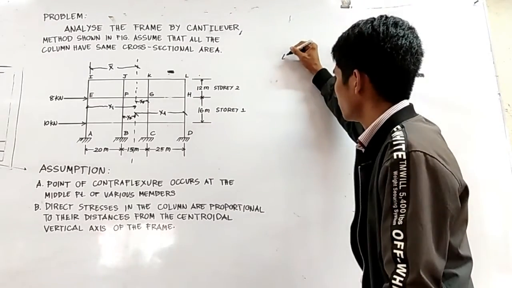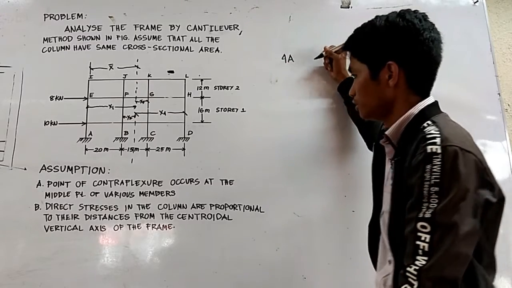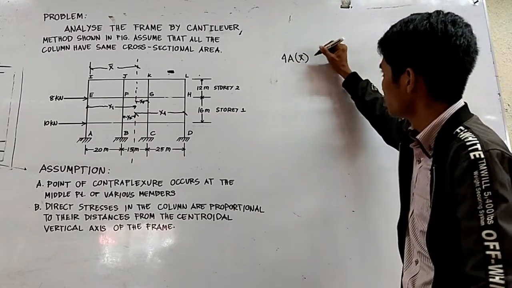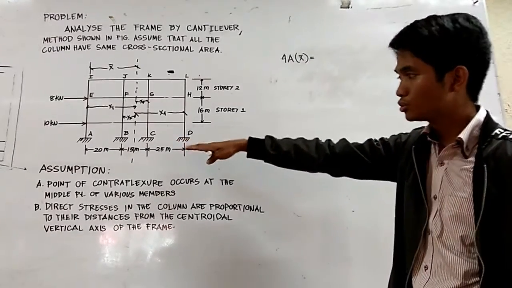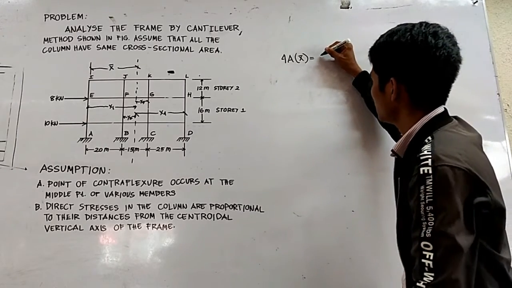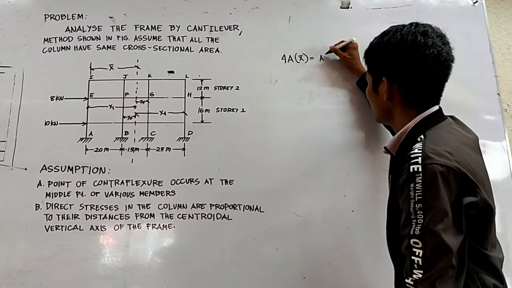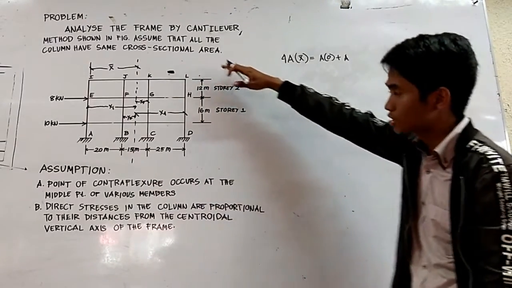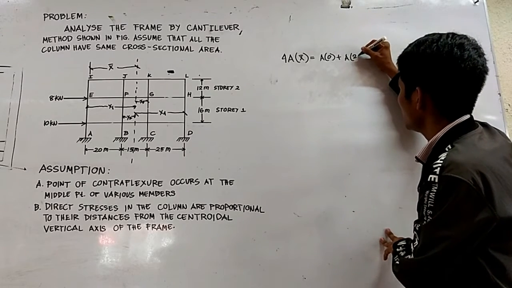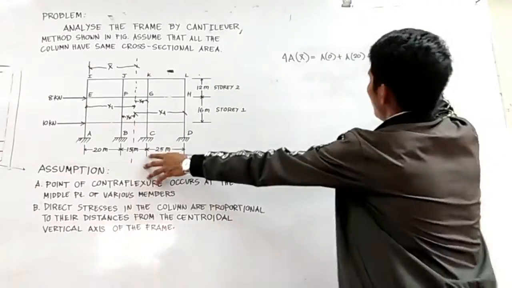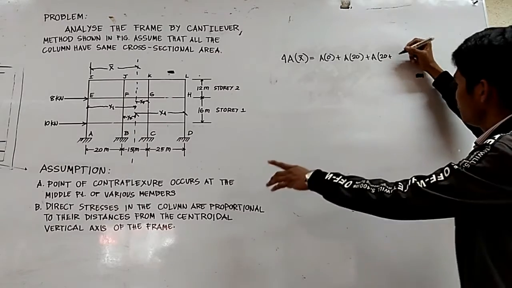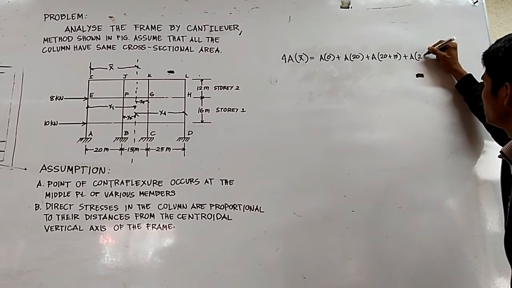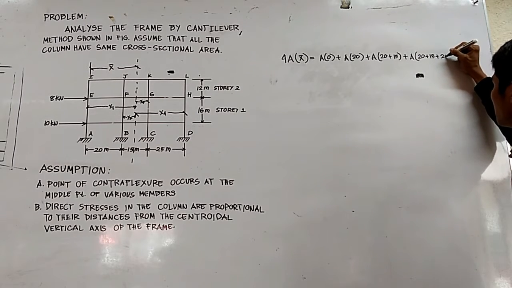So we write 4A, since there are four supports, times X bar, equals the proportion of the whole support on A, B, C, and D. So A times the distance 0, plus A times 20, plus A times 20 plus 15, plus A times 20 plus 15 plus 25 meters.